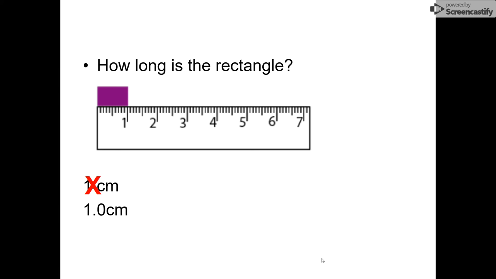Would I write it perhaps as 1.0 centimeters? Well, no, this would also not be correct because this would imply that the 0 is uncertain. And in this case, I know for sure, because I have markings for a tenth of a centimeter, that it's less than 1.1 centimeters. I know for sure that the tenths place is a 0. So I would actually write it as 1.00 centimeters.